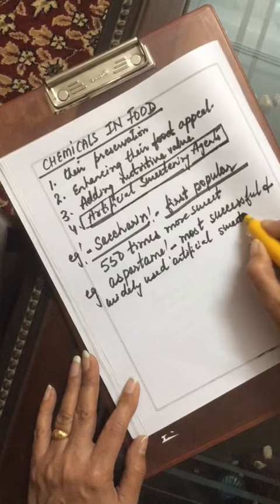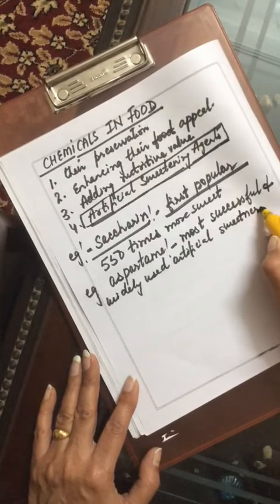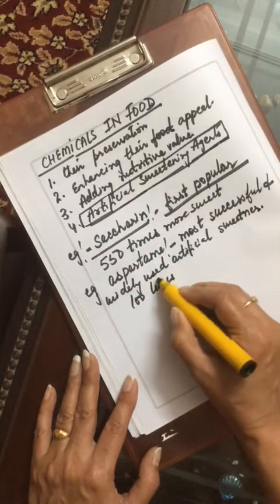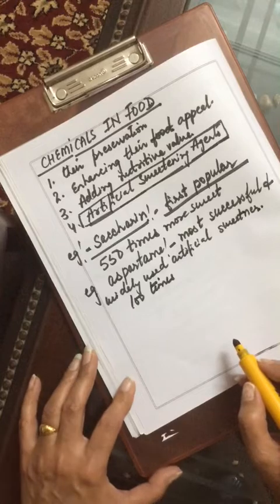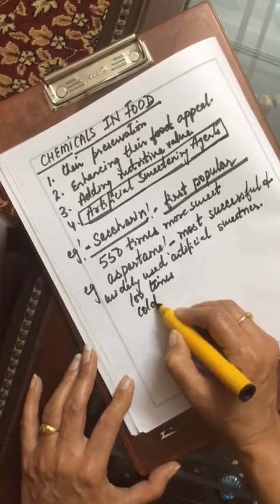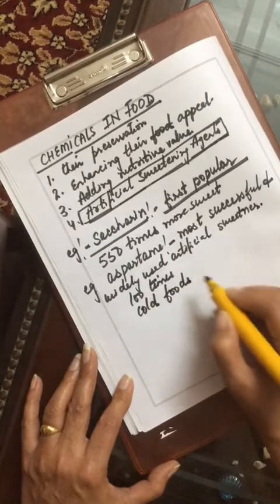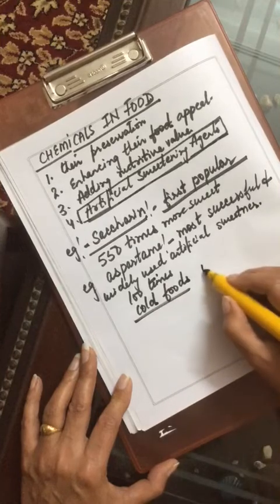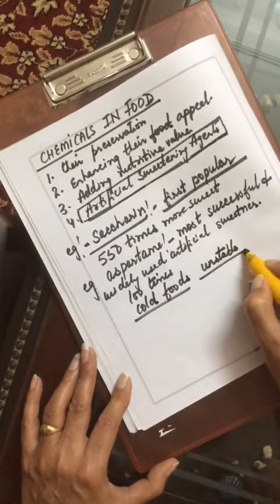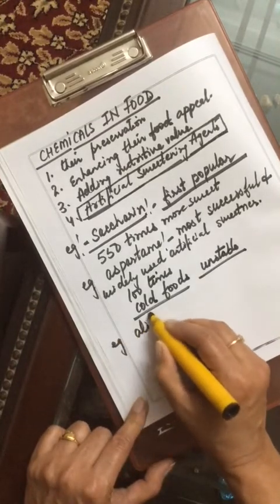It is 100 times as sweet as cane sugar, but its use is limited only to cold foods because it is unstable at cooking temperature.